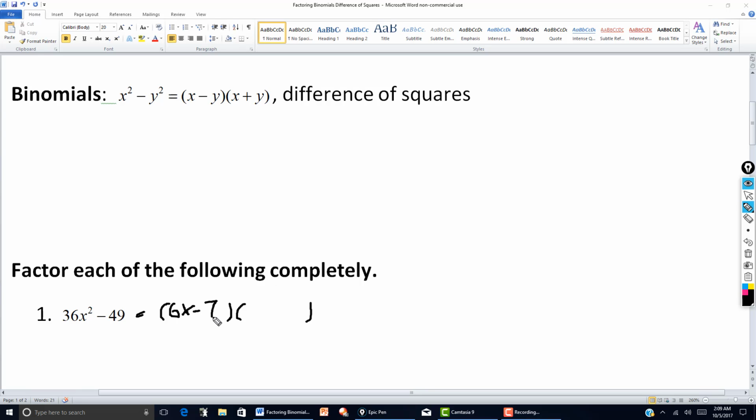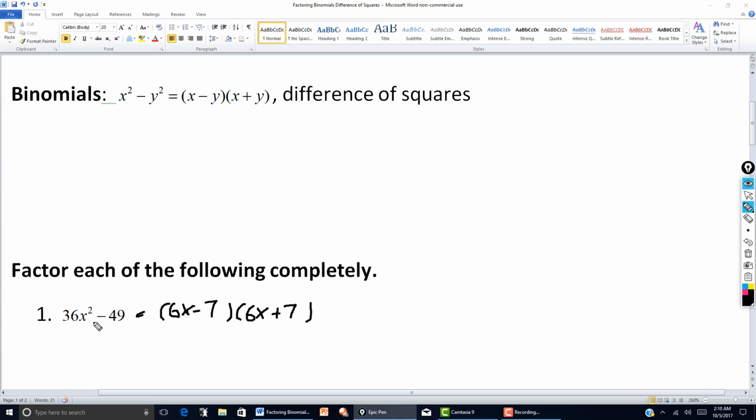The square root of 49 is 7. So this should factor into 6x minus 7 and 6x plus 7. Difference of squares factors into the difference and the sum of the square roots.